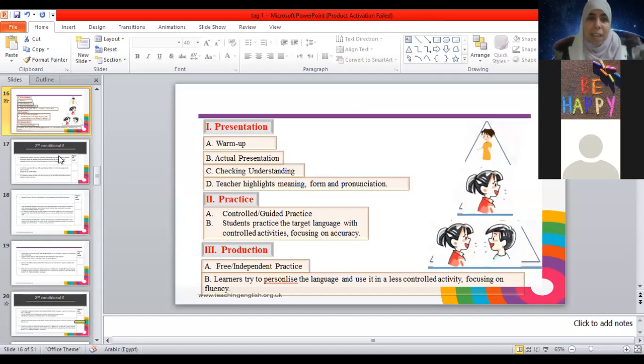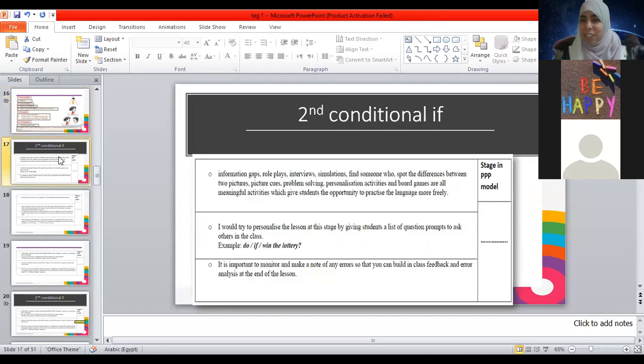Okay. So it's about the second conditional. It's really great. In fact, I love this model. So you can read it. Is it clear to read? Yes. Okay, great.